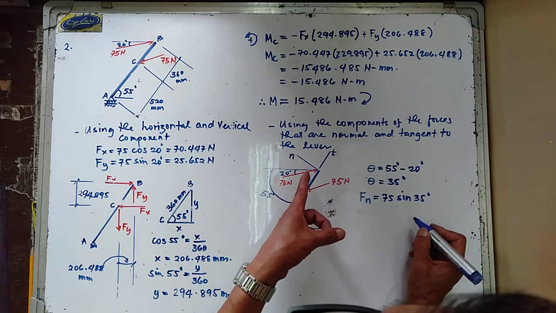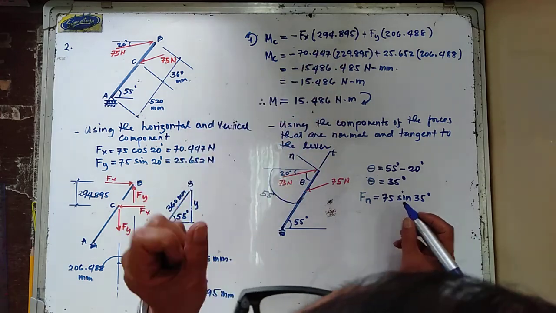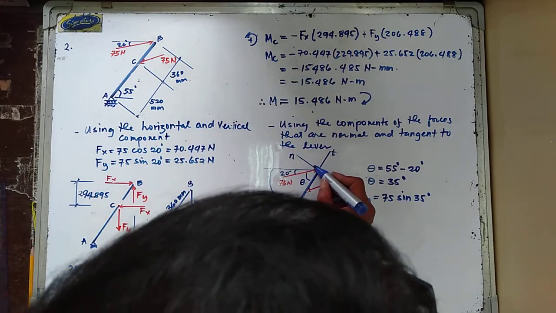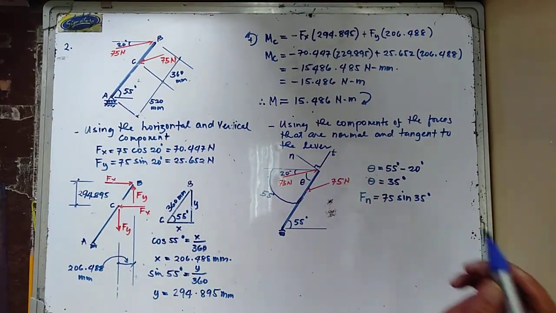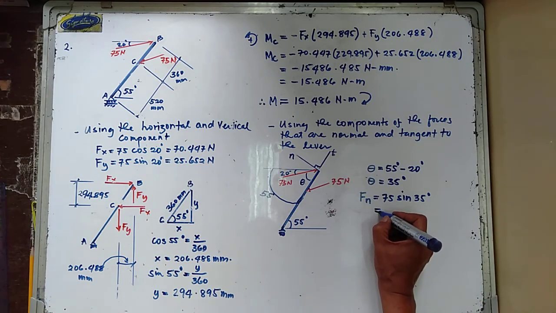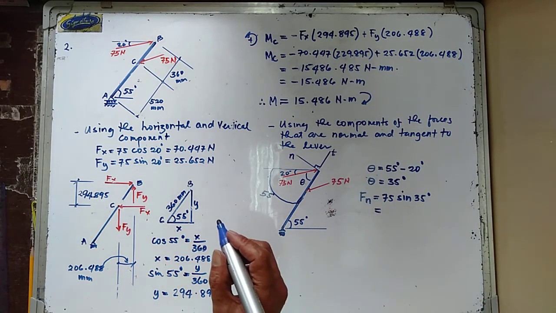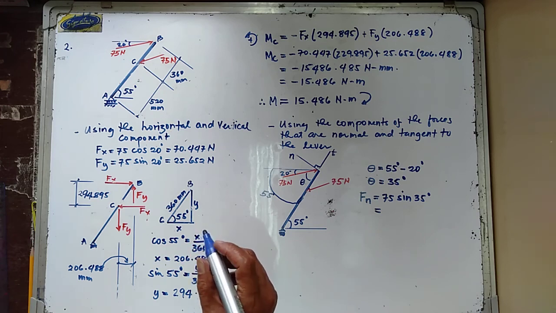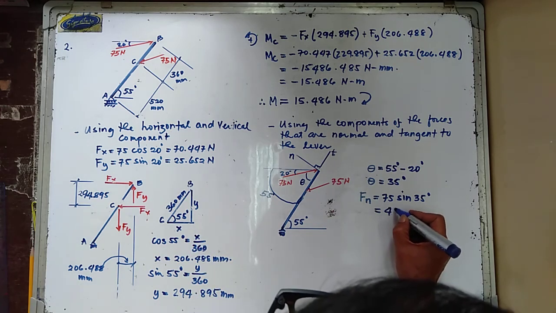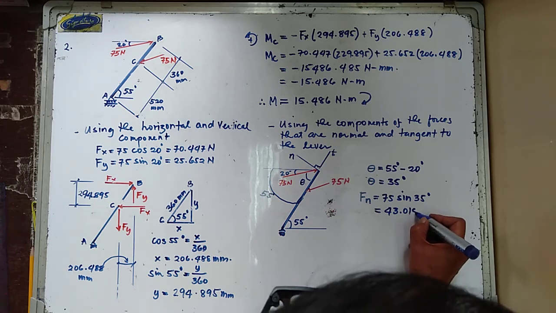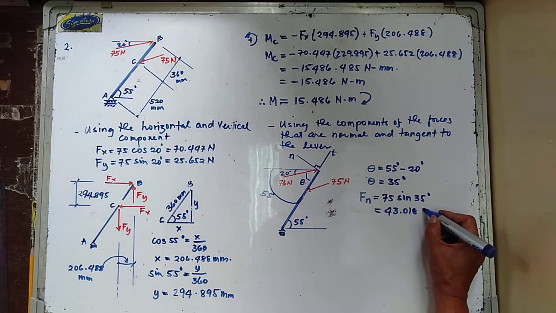You take note that the angle theta is included in the tangent axis. And this one in here is equal to 43.018 newtons.